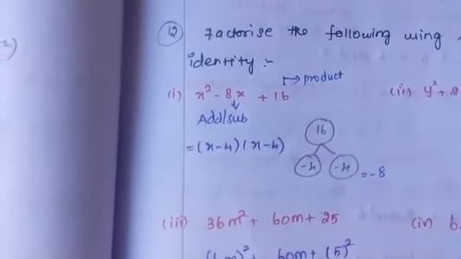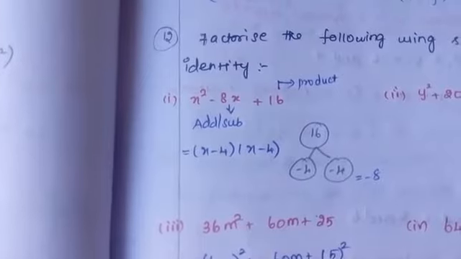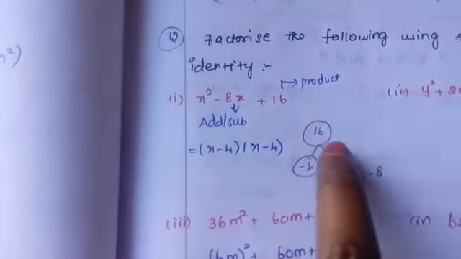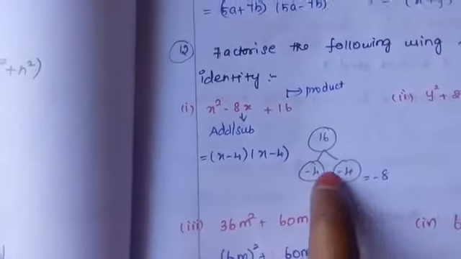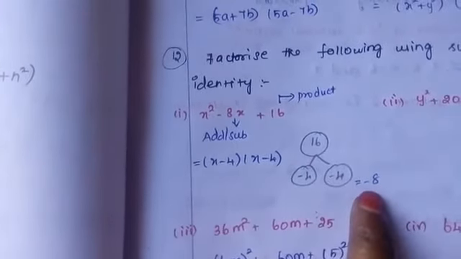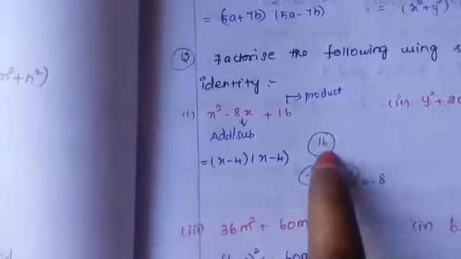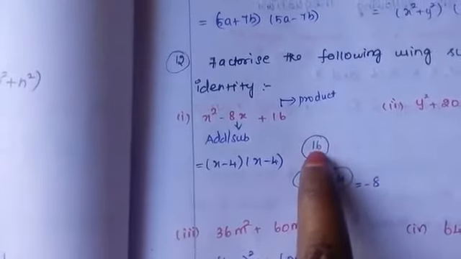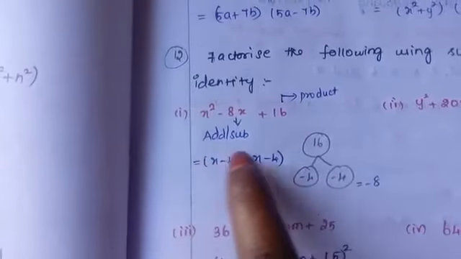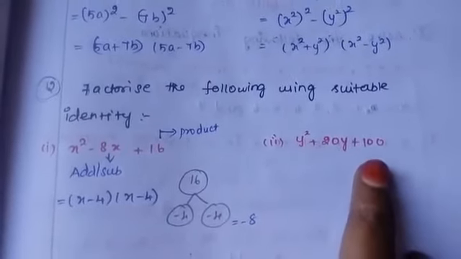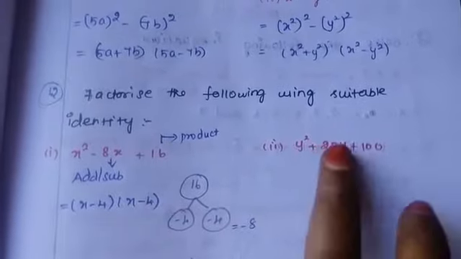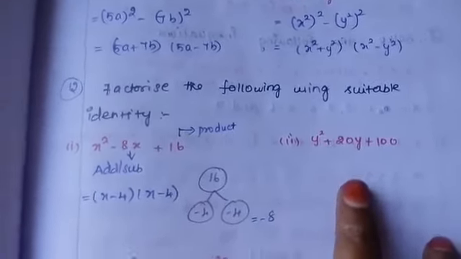Which one gives 16 as the product and the sum as minus 8? 4 fours are 16, add means 8, but we are having minus 8, so both are minus. Minus 4 minus 4, answer is minus 8, and multiplication 4 fours are 16, minus into minus is plus. So the factors are (x minus 4)(x minus 4). That's all. The same way, y squared plus 20y plus 100: multiplication 100, addition 20. We want to find out.